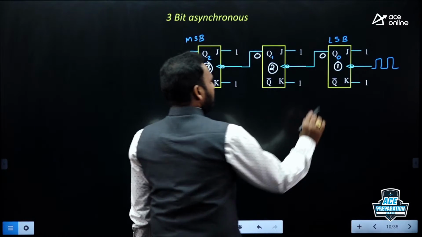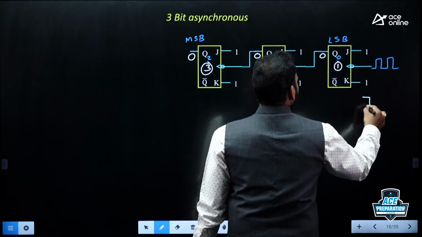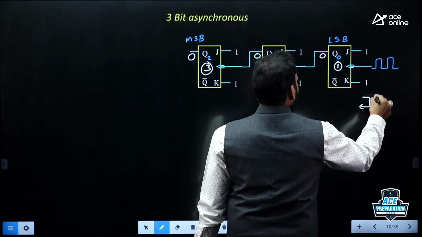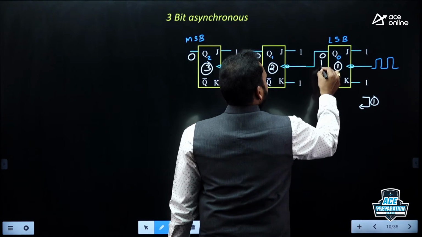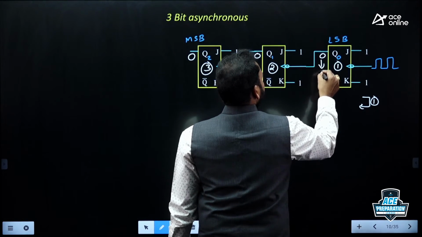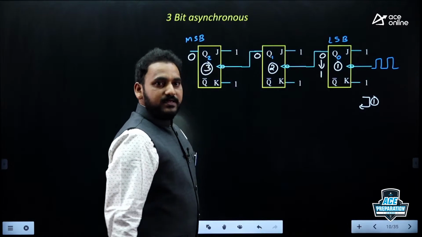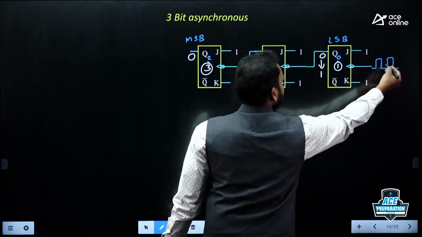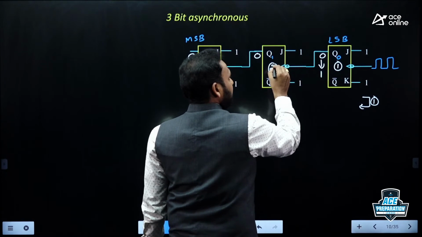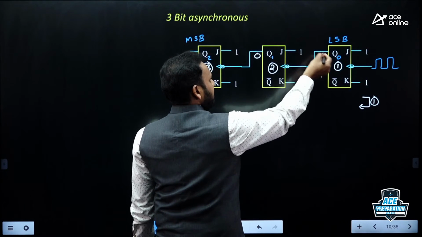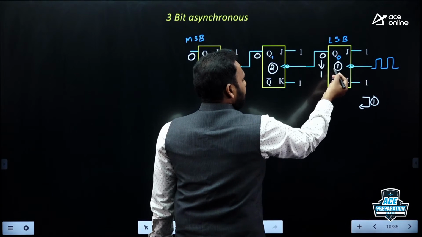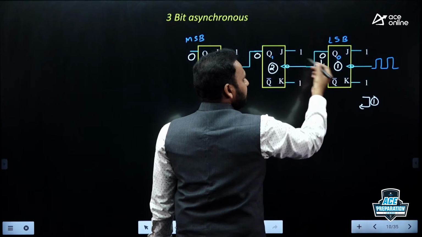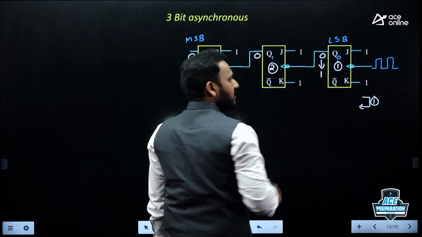If I apply one clock pulse, I am assuming the first clock pulse is applied. What will happen? Output of the first flip-flop will toggle. 0 will be changed to 1, because it is directly getting the clock, but the second flip-flop is actually driven by the first flip-flop. What kind of transition has been given by the first flip-flop? 0 to 1 transition.